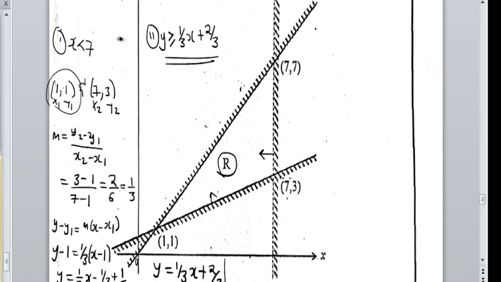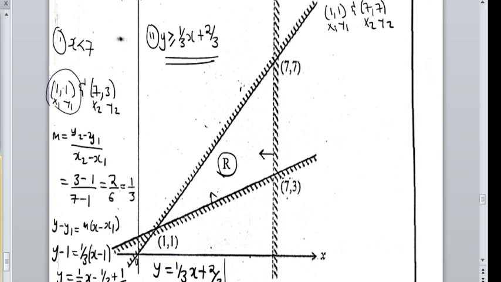Then the third one, there's supposed to be 3. The third one, I'll get the points 1, 1 and 7, 7. So this will be my x1, y1, x2, y2.